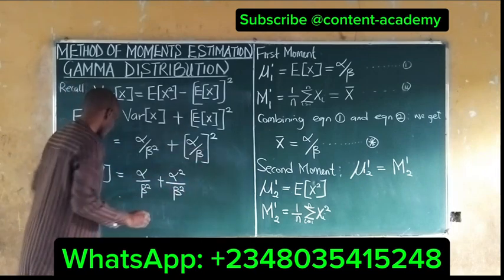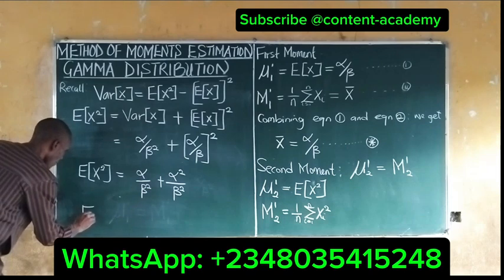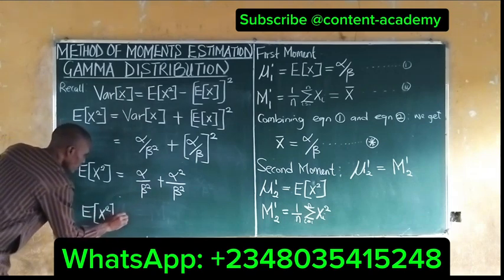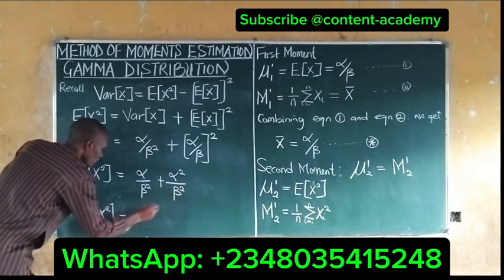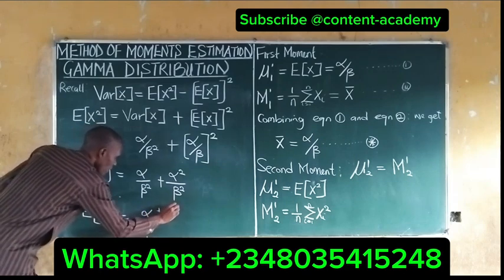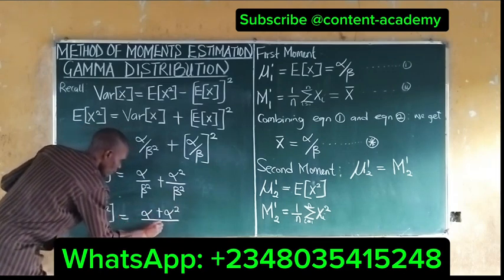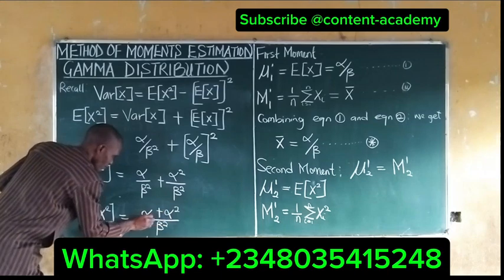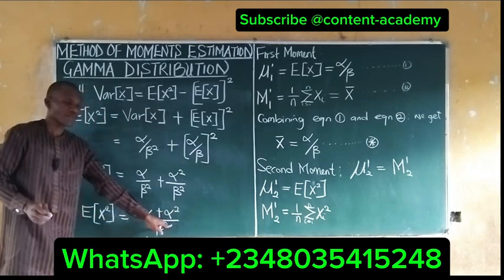If we take the LCM, we can put this together and write it as alpha plus alpha squared, all over beta squared. So this is what we get.